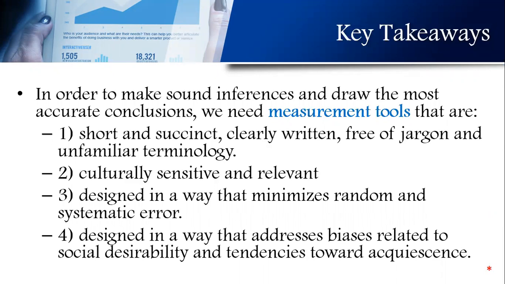And 3, designed in a way that minimizes random and systematic error. Finally, we also need measurement tools that are designed in a way that addresses biases related to social desirability and tendencies toward acquiescence.